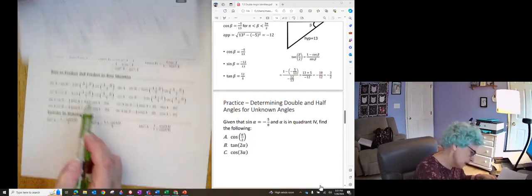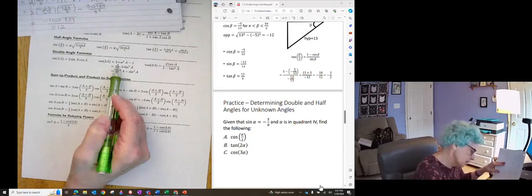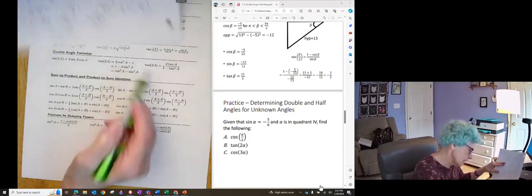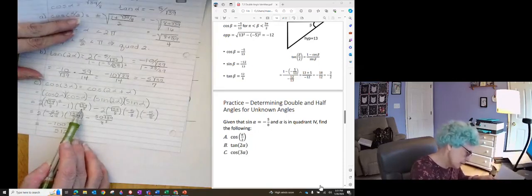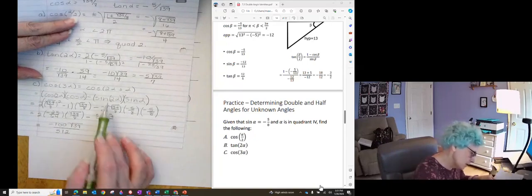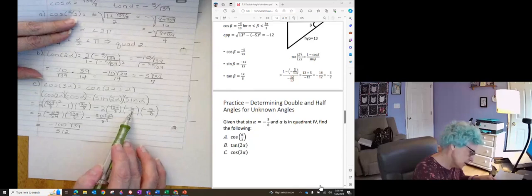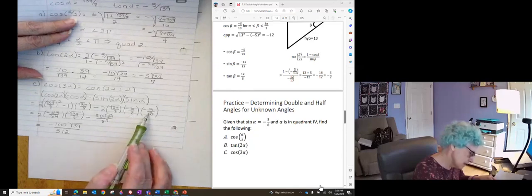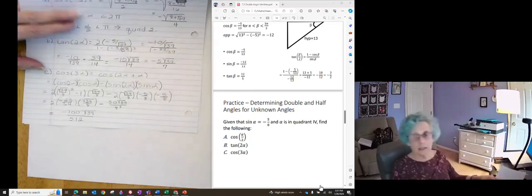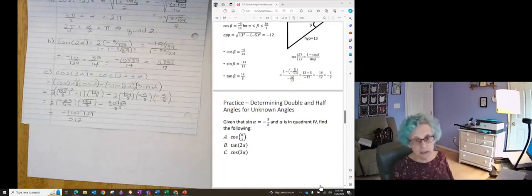And then cosine of 2 alpha, I chose 2 cosine squared minus 1 times cosine, and then 2 sine cosine times sine, and I did some arithmetic and ended up with an answer. That was a lot.